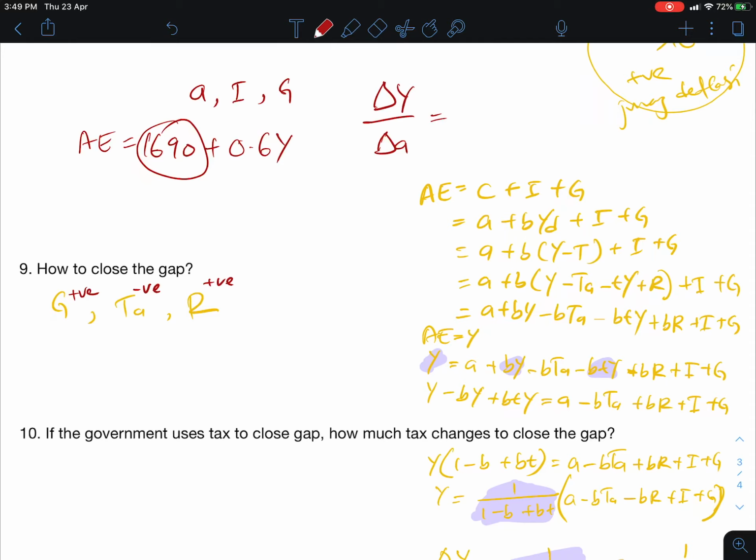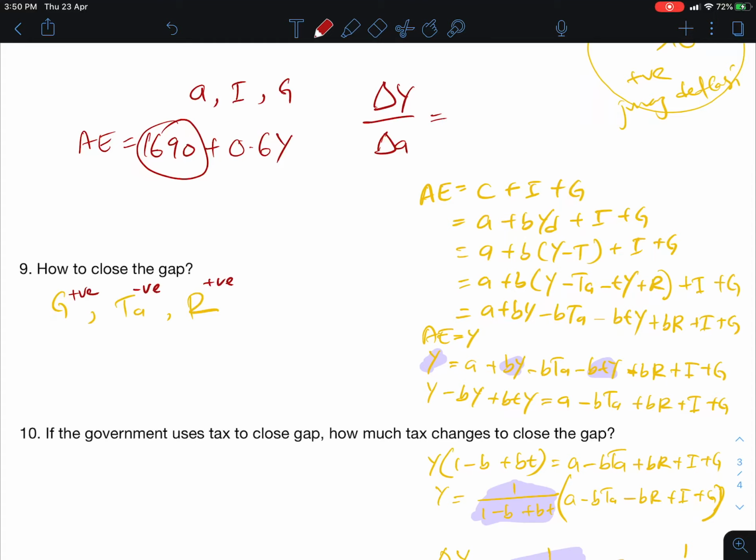Let's say the multiplier for TA is negative 2, so the multiplier for R is 2. So the absolute value of the multiplier of TA and R are the same, but the signs are different. TA multiplier is negative.